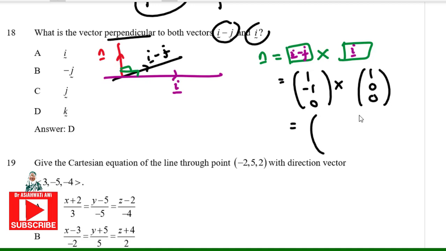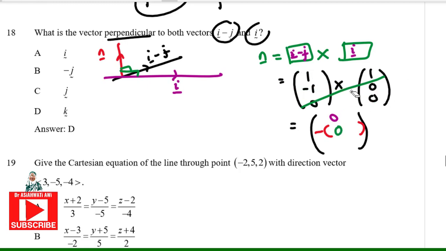Let's follow this step by step: 0, 0, 0, and cross that one, negative, then it is 0.